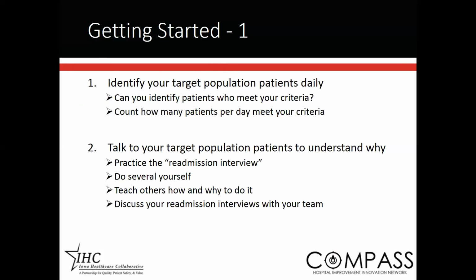If you've said that your target population is age over 80 or age 51 to 64 or all heart failure, AMI, pneumonia, COPD, how do you identify those patients on a consistent, reliable, daily basis? And how many people per day is that? Just like my example with the heart failure transitional care nurse and the nurse social work team, the heart failure TOC nurse knew that she had an average of 1 to 2 patients per day.